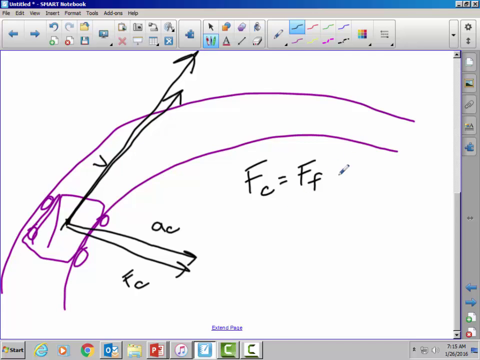So remember that friction is equal to mu times normal. So that would mean that your centripetal force is equal to mu times normal.